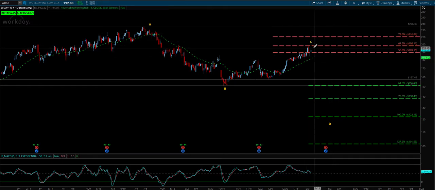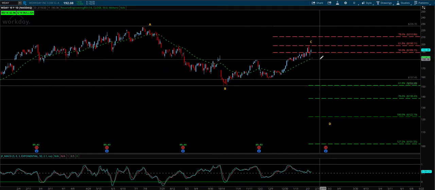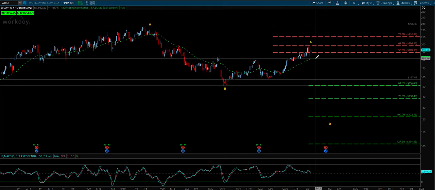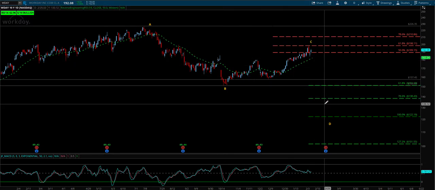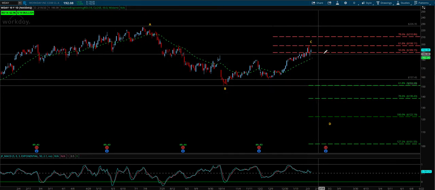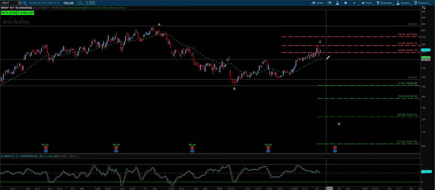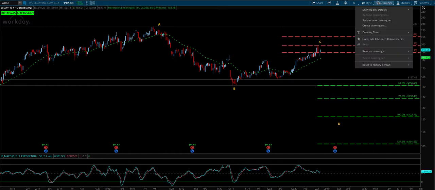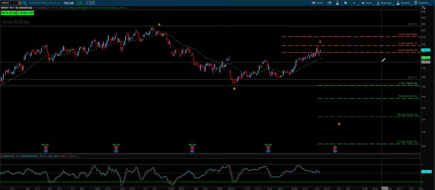And then once you see price break down below this recent swing high, that should confirm leg D is in progress. Where you guys want to short is really up to you, but I would recommend waiting for a break of support here. In this case, it's about 180, and I'll just put that price level there.